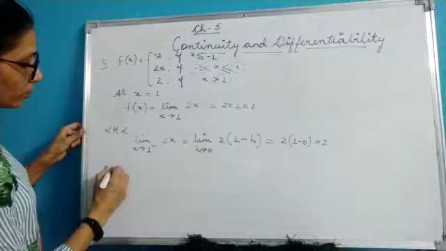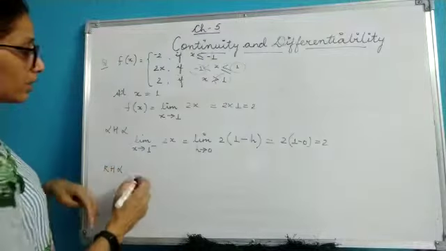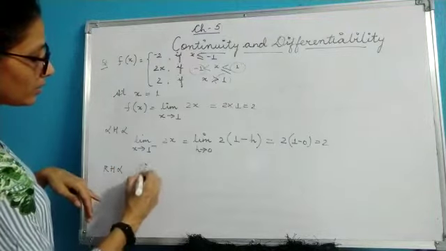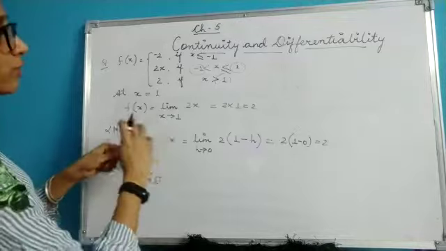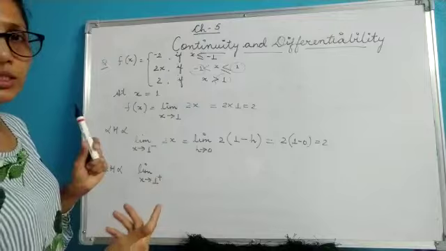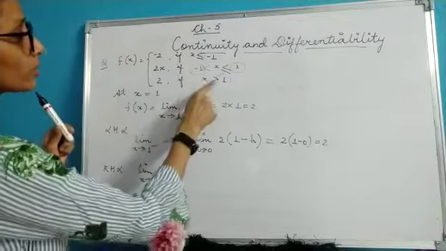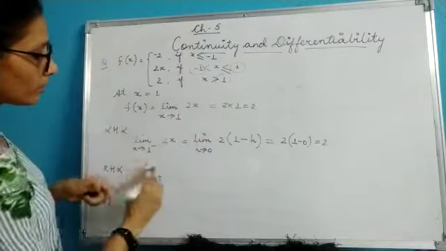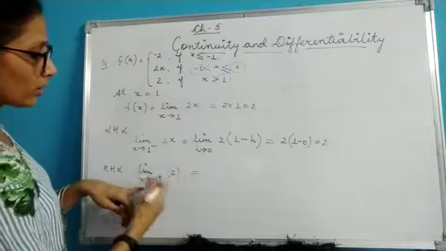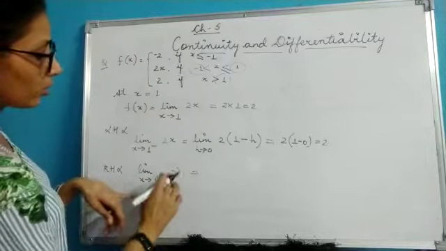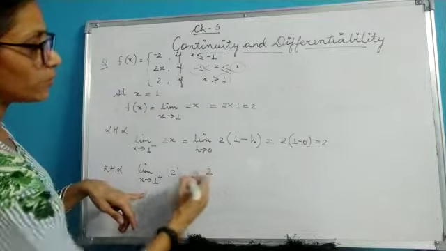Now you see it for the right hand limit, this should be limit x tends to 1 plus. So 1 plus means slightly greater than 1. So this is x greater than 1. Therefore the function defined over here is 2. So here I don't have x, so the limit will not be put here and it will be simply 2.